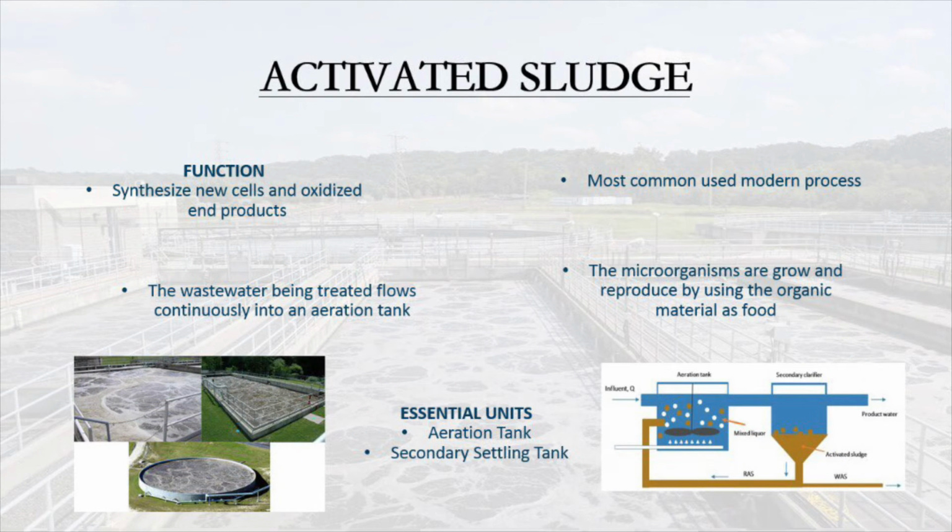Next process is activated sludge. The microbes use the organic molecules to synthesize new cells and oxidize end products that include carbon dioxide and water. Activated sludge is a suspended growth aerobic biological process in which microorganisms remove carbonaceous matter from the wastewater in an aerobic environment.